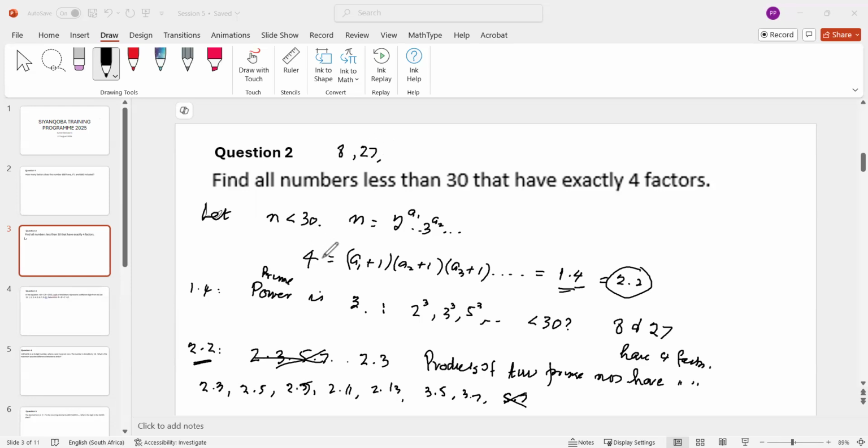That was the case where you got 1 times 4. And then the case 2 times 2 gives you a product of two prime numbers. And if you work those things out, you get 6, 10, and so on. All right, so you can write down all the possible numbers less than 30, which have got exactly 4 factors.